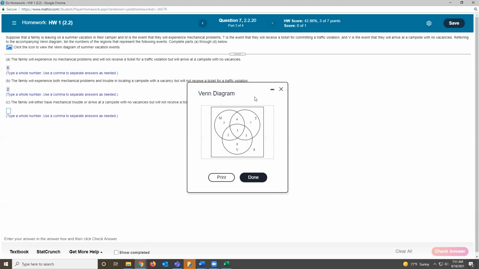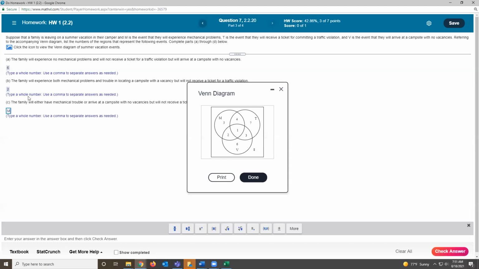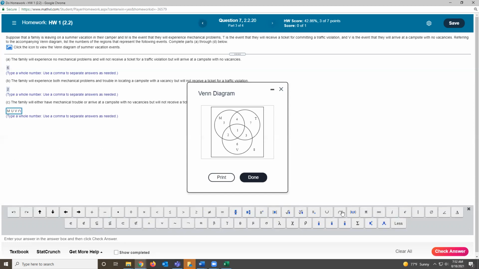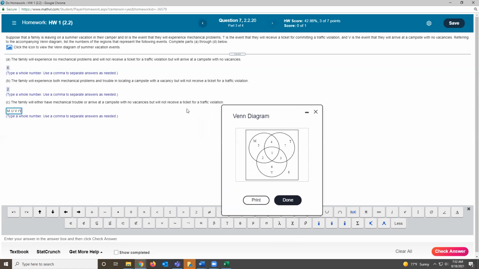A family will either have mechanical trouble, that is M, or arrive at a campsite with no vacancy, that's V. So or means union, V, but means intersection, and will not receive a ticket, so that's T complement.